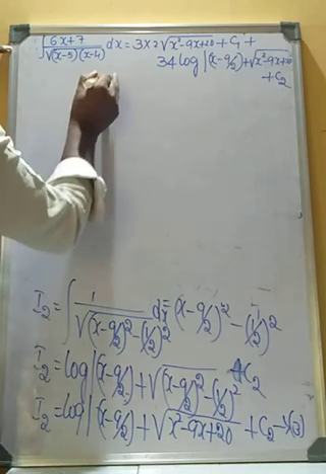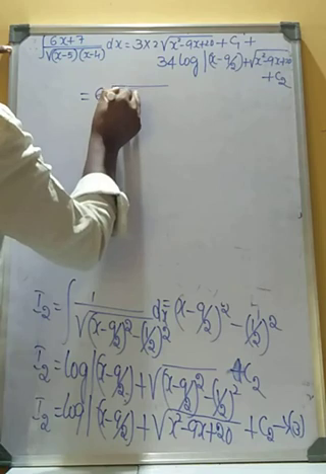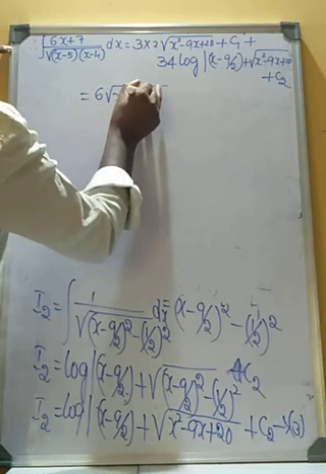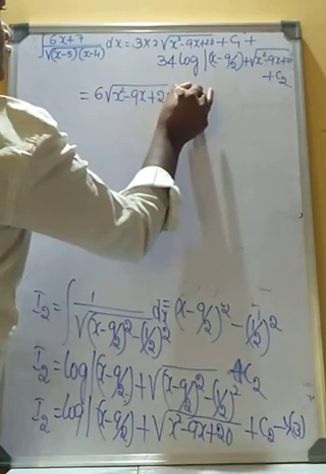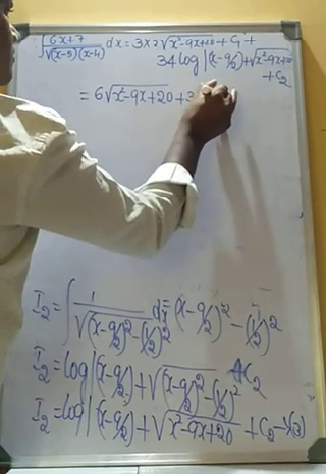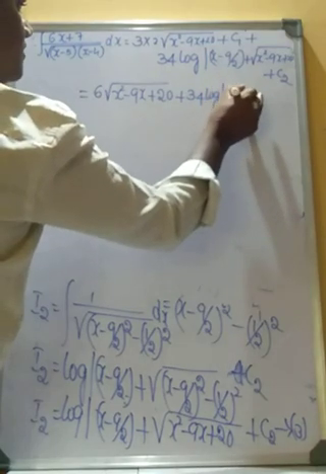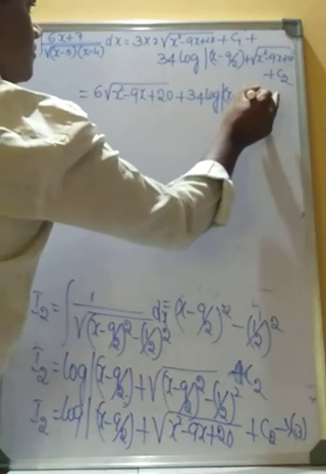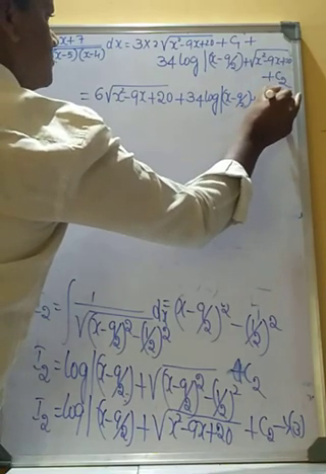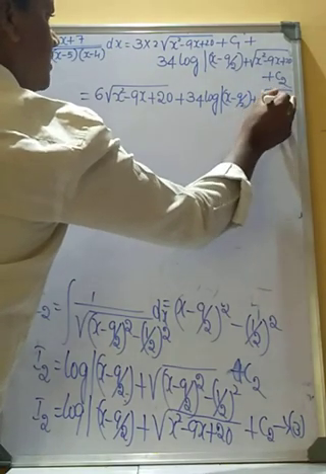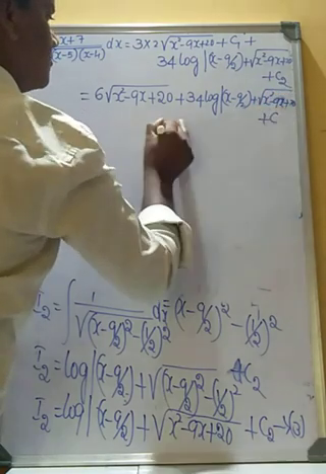That is equal to 3 twos are 6 into root of x square minus 9x plus 20, plus 34 into log of mod x minus 9 by 2 plus root of x square minus 9x plus 20, plus C.